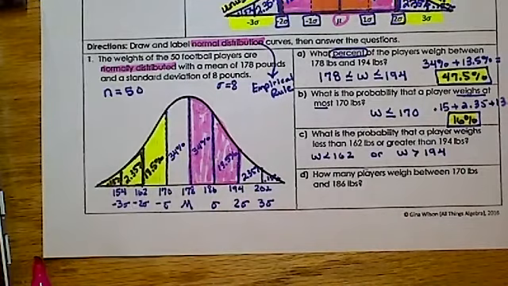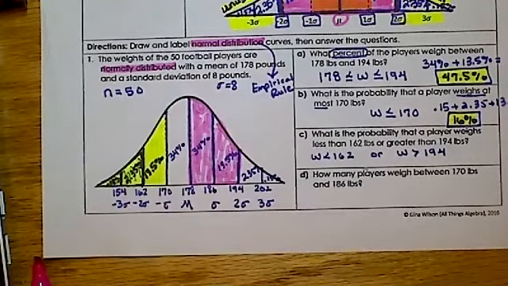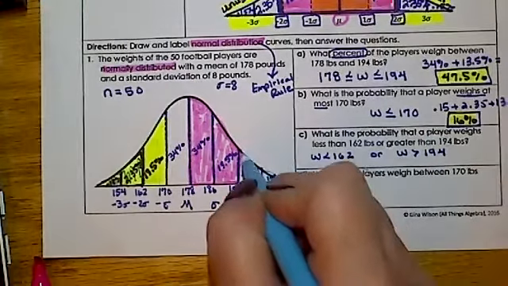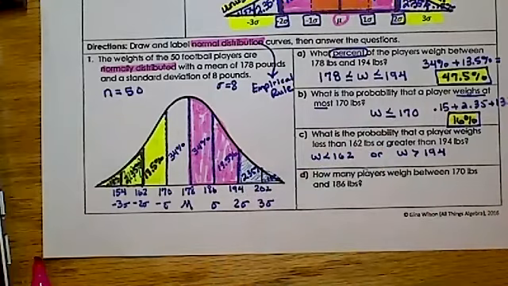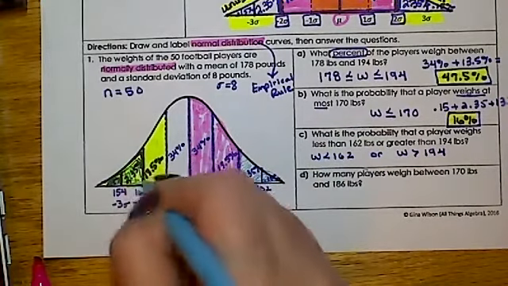Remember, left, less. So we have these percentages right there in that little area. Then I look for greater than 194. So that would be this other little area right there. Okay, so we have these two areas.